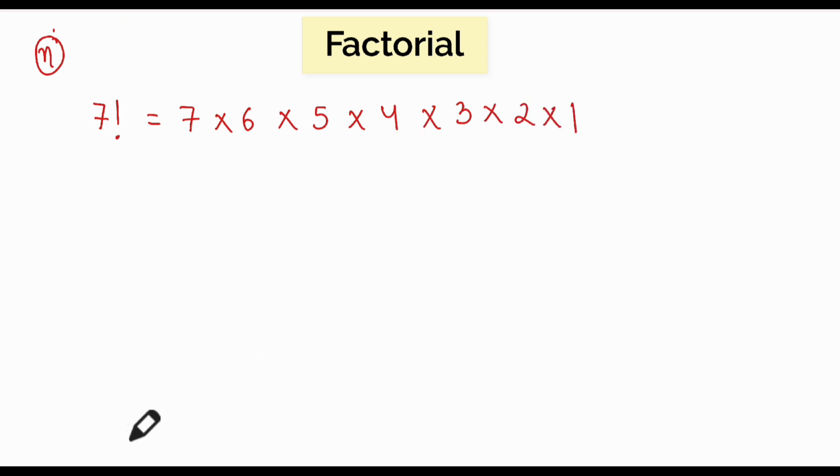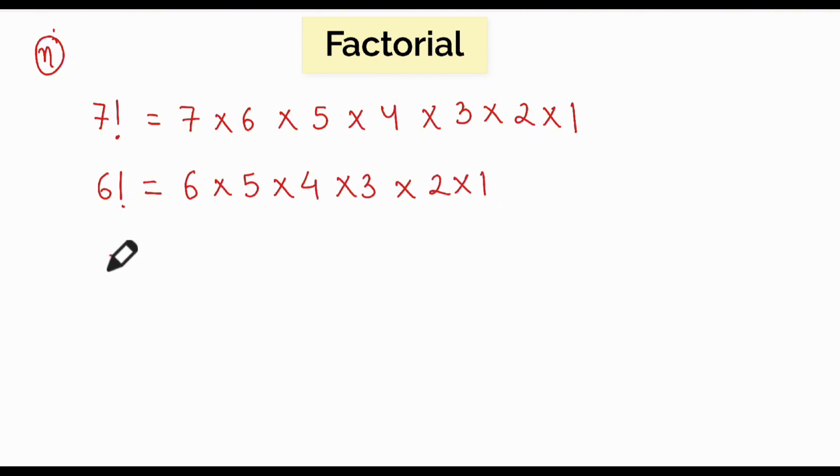Now let us talk about the factorial of 6. What is the factorial of 6 here? Take that number and keep on multiplying till you reach the end number: 6 into 5 into 4 into 3 into 2 into 1.